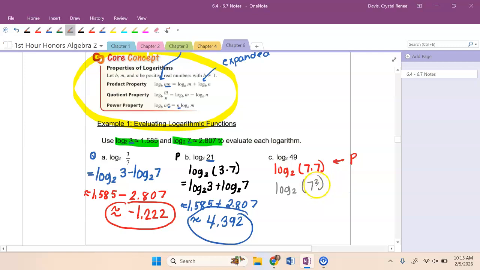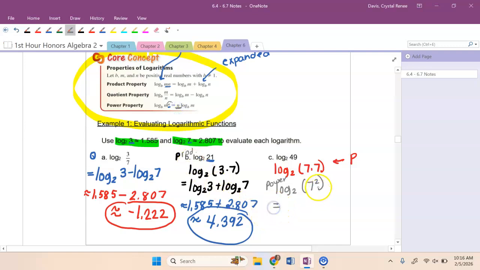It doesn't matter. So when we have a power, I guess this is the product property, and this is the power property. When we're using a power, notice that when we condense it, we can simply take the exponent and put it out front as a coefficient.